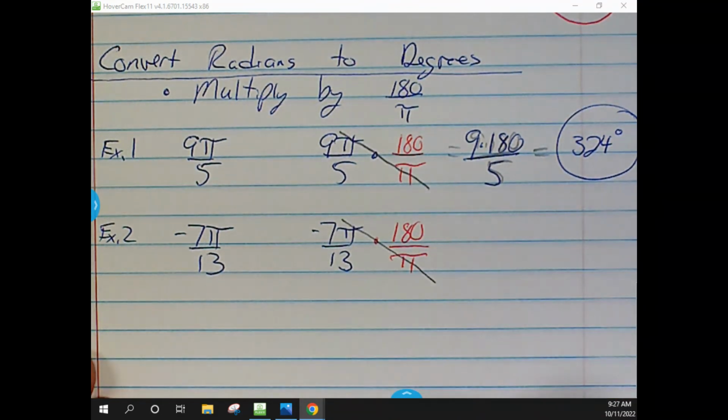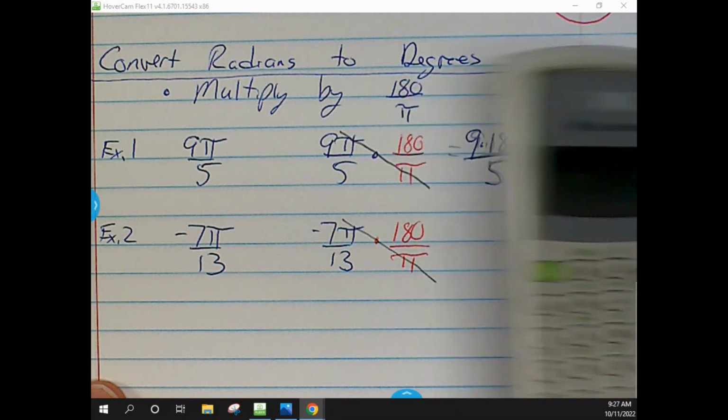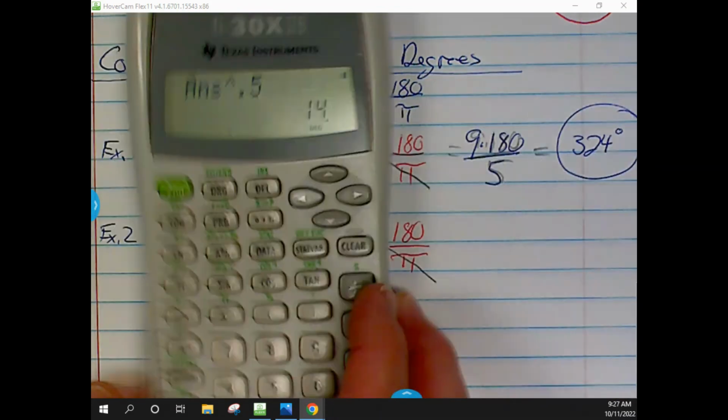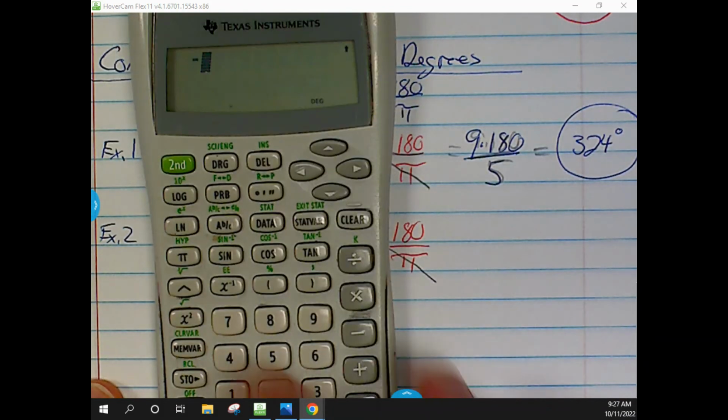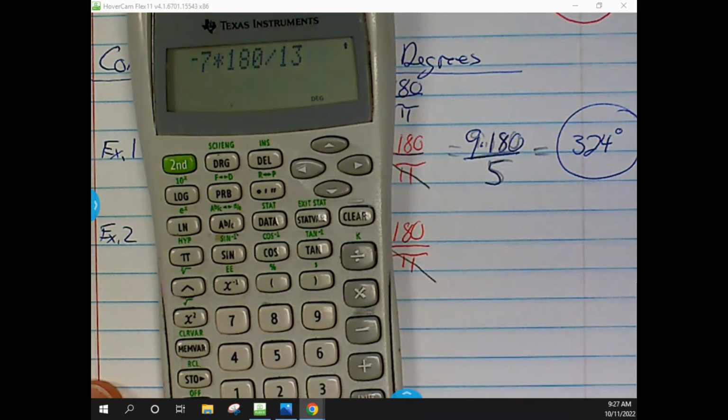And from there, you're just going to use your calculator because, again, you don't get to use your Casios. So we're practicing with our TIs here, our Texas Instruments. It's just negative 7 times 180 divided by 13. Comes out to be a decimal number, 96.9 something.